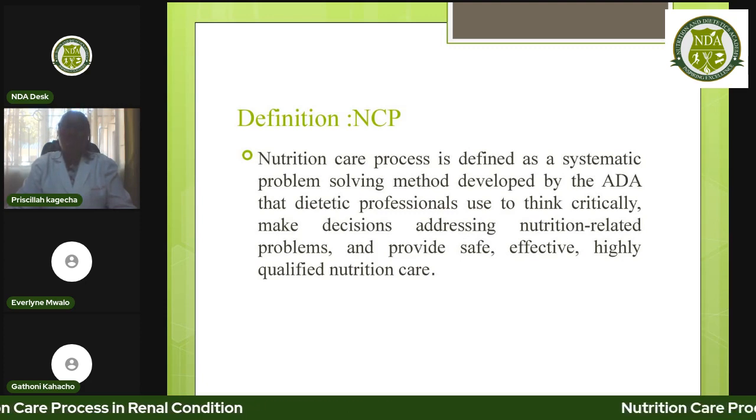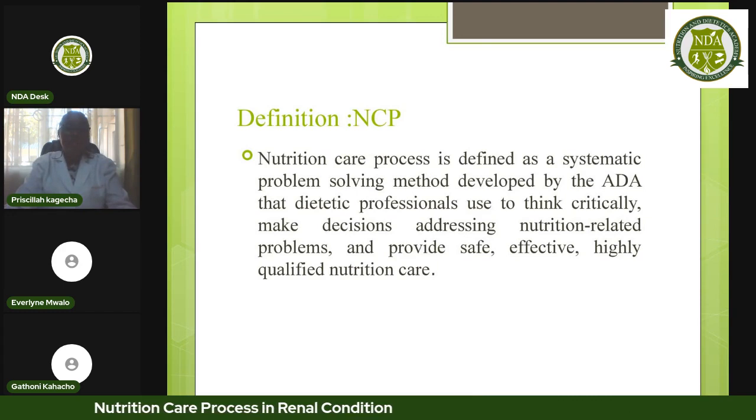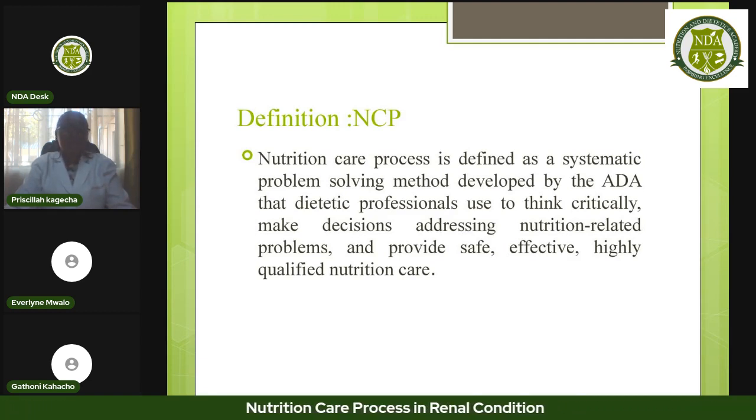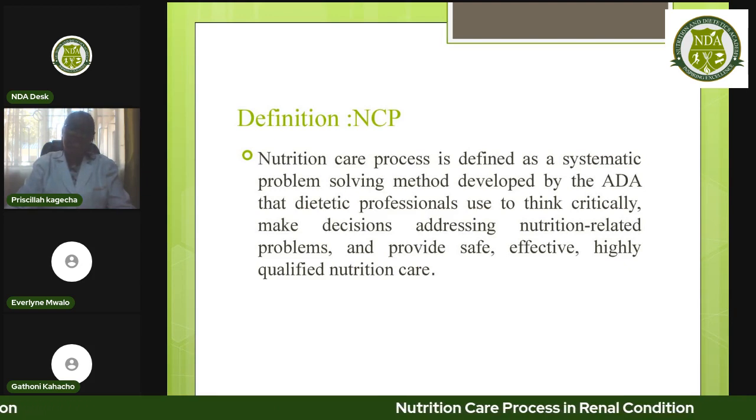So there are several goals of the nutrition care process, which are: number one, to improve or preserve the nutrition status of a patient. Number two, optimize the functional status of a patient. Number three, delay progression of the disease. For example, if a patient is in stage 2, you want to delay the progression of that disease to the end stage.